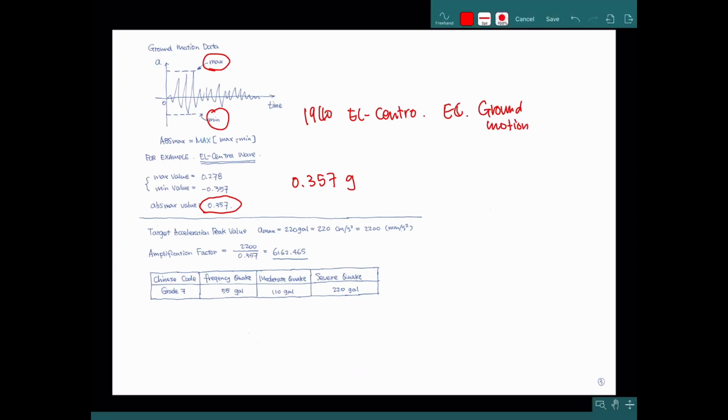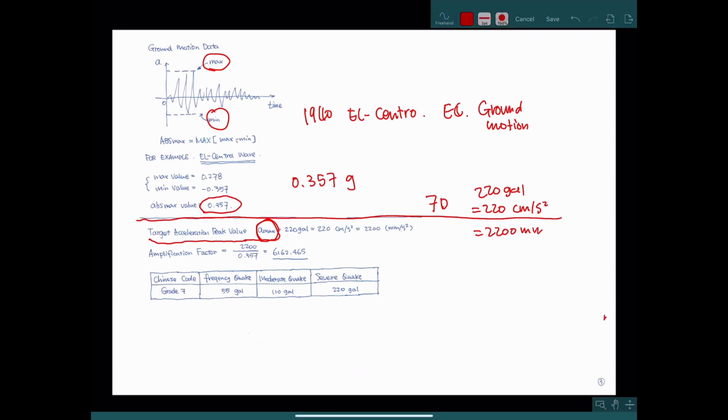And in the calculation, sometimes we need to transfer this record to a certain maximum acceleration record. We need to scale up or scale down. For example, the target acceleration peak value in some calculations, for example, for the code for severe earthquake, usually for severe earthquake for 7-degree zone, the alpha max, the maximum acceleration, is 220 gal. 1 gal means 1 cm per second square, so 220 gal equals 2200 mm per second square.